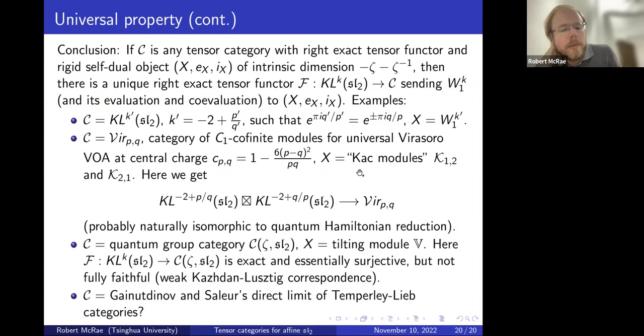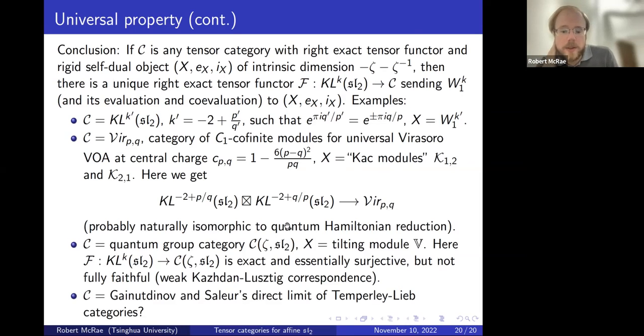We actually have two of them because C_{P,Q} equals C_{Q,P}. So that means we can get a functor from level -2 plus P over Q and also -2 plus Q over P going into the same Virasoro category. So this is like the Feigin-Frenkel duality for SL2 principal W algebras, I guess.